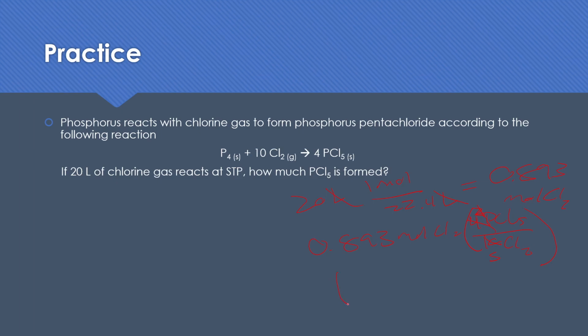And then you can multiply that, I ran out of space, but you can multiply that again by the molar mass of PCl5, which is 208.3.